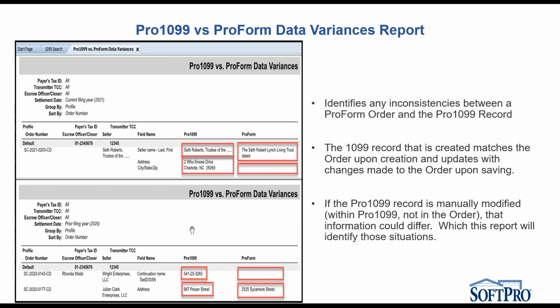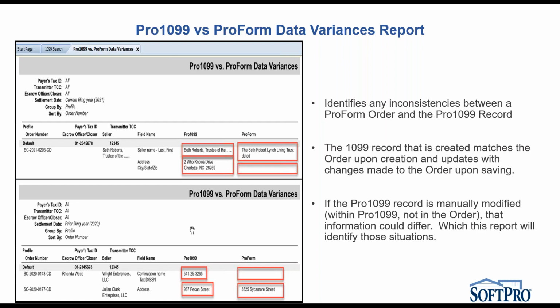The reason I say this is because whenever you create your order and it meets the criteria of the purchase file, the settlement date, all of the things I said earlier, it automatically sees the criteria, matches them, and then pushes the order into Pro 1099 and creates the physical submission file to go with the IRS submission to the IRS FIRE site.